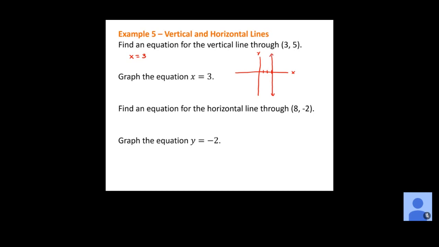We're going to have a graph that looks like that. And you can see in this case, if you were to go over 3 and up 5 to that point (3, 5), it would be on that vertical line because it has an x value of 3. Any question on the vertical line?